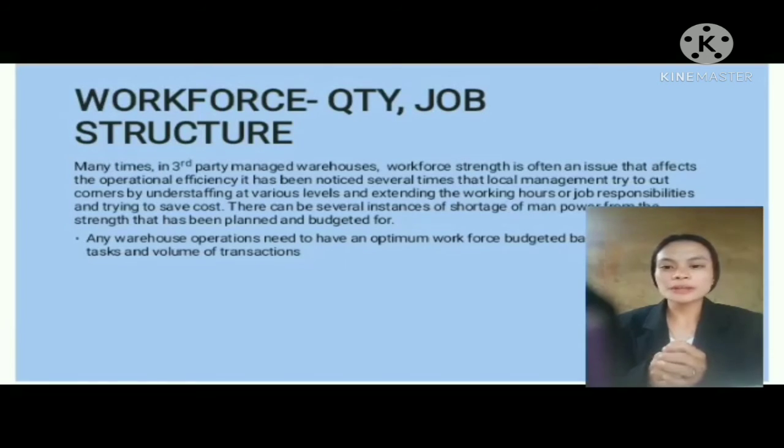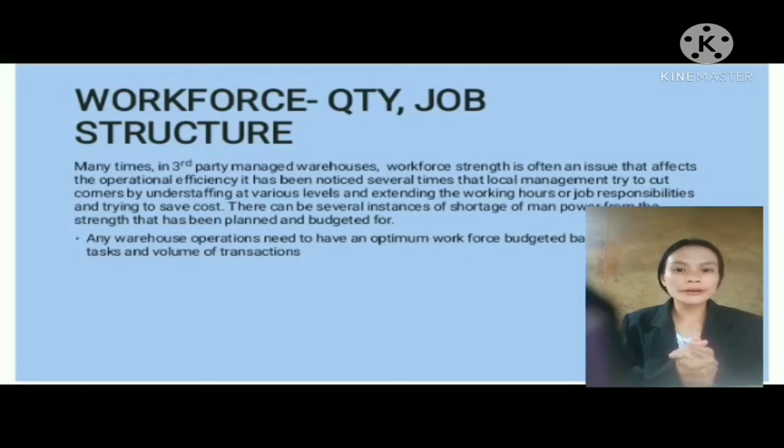Warehouse operations need to have an optimum workforce budgeted based on clear-cut tasks and volume of transactions. So, it means that all tasks are organized based on the dates of shipping for a smooth flow of operations.